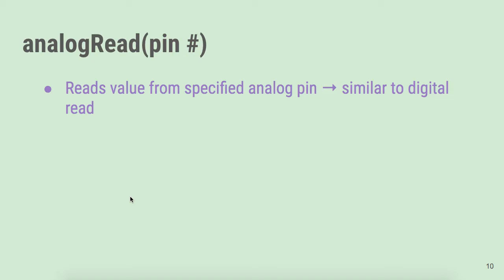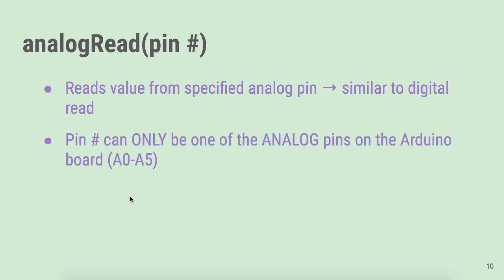It's similar to digital read, like we would use for a simple push button switch, but this is when we're introducing some analog signals. The pin number can only be one of the analog pins on the Arduino board, and those pins are A0 through A5. There's only 6 analog pins on the Arduino board, so it's important to note that.